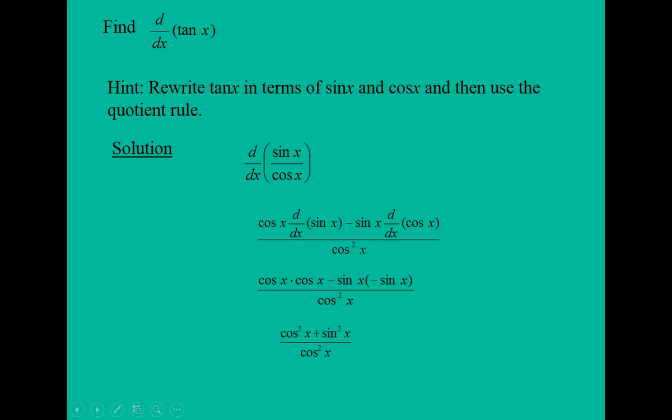So we could change that to 1. So we'd have 1 over the cosine squared x, and then we know that 1 over cosine squared of x equals secant squared of x. So the derivative of tangent of x is secant squared x.